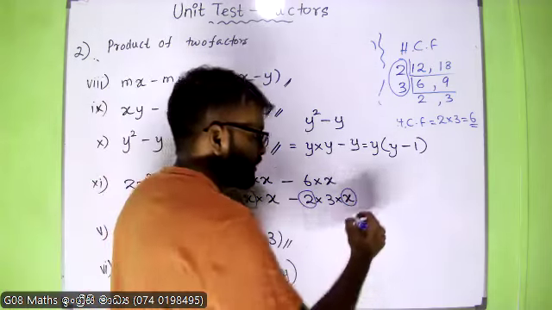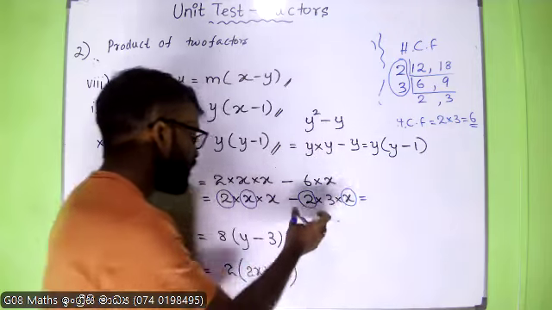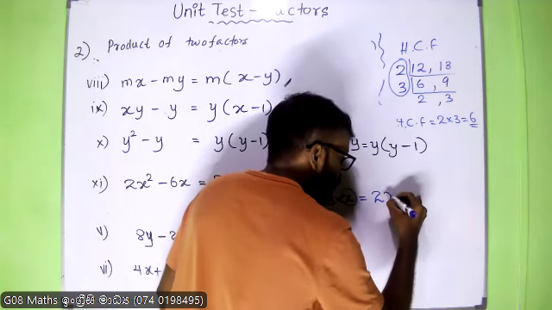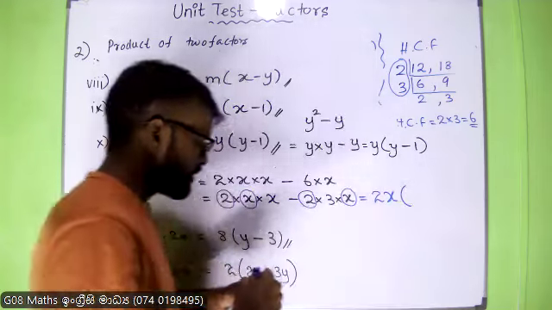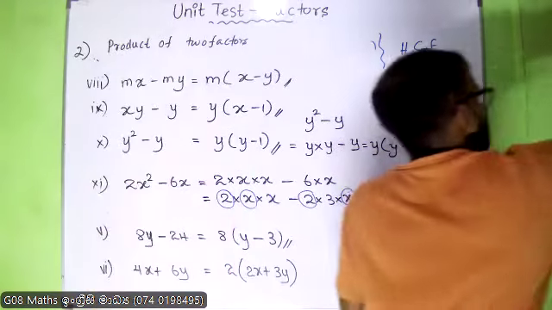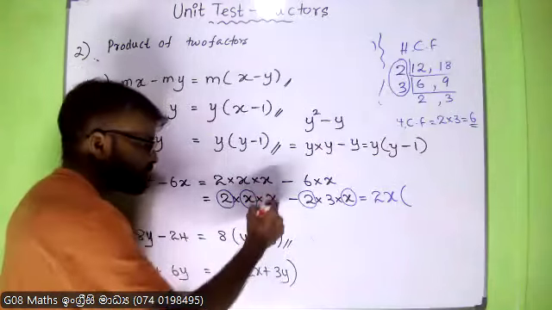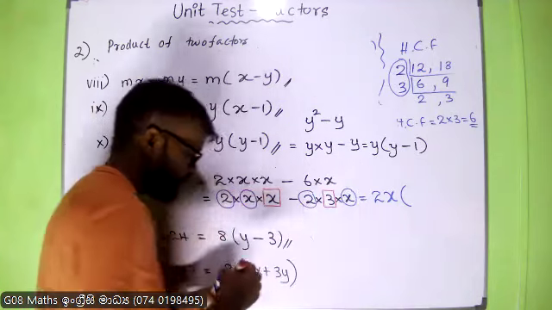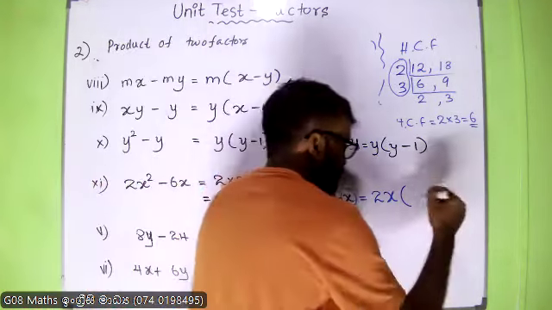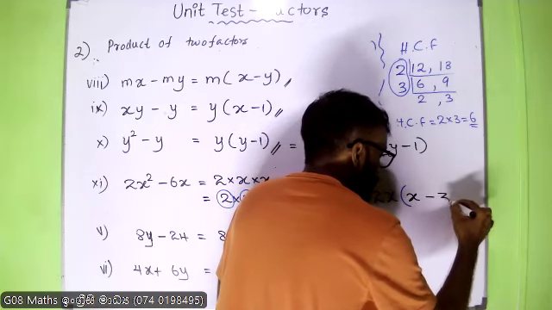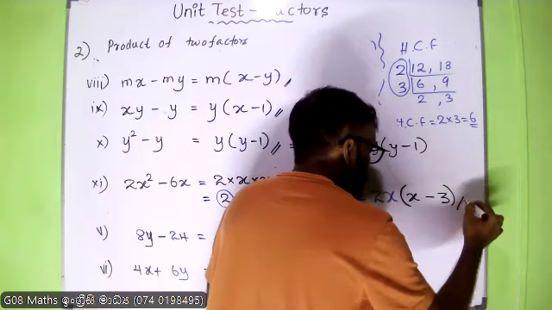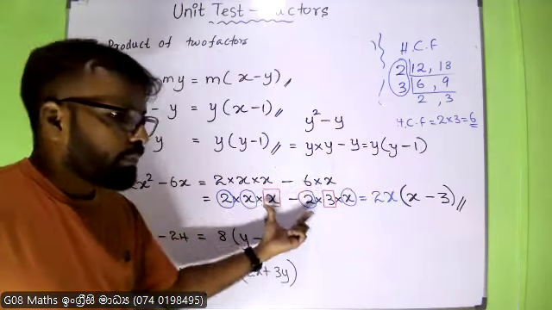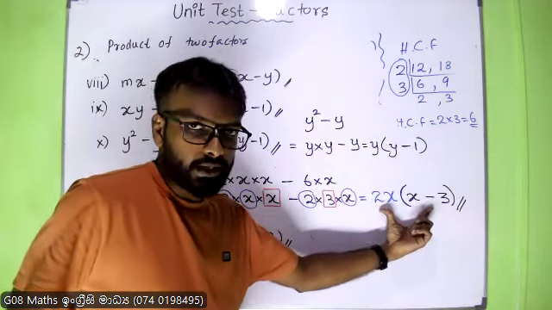Those are the common terms. Equal mark, so I am taking this out of the bracket. 2x is my common term. Inside the bracket, what are the rest of the terms? If I take them out, x minus 3. So this is the way, step by step as I have explained.